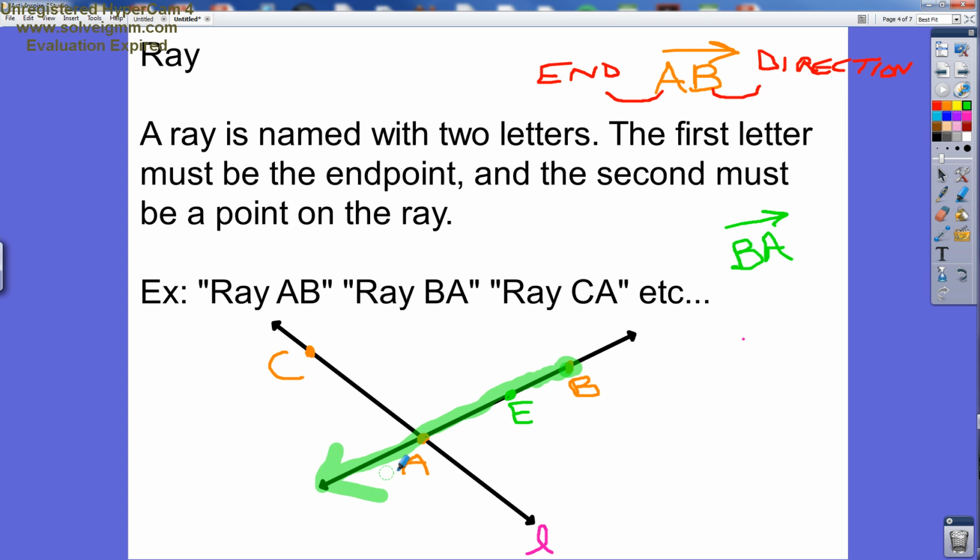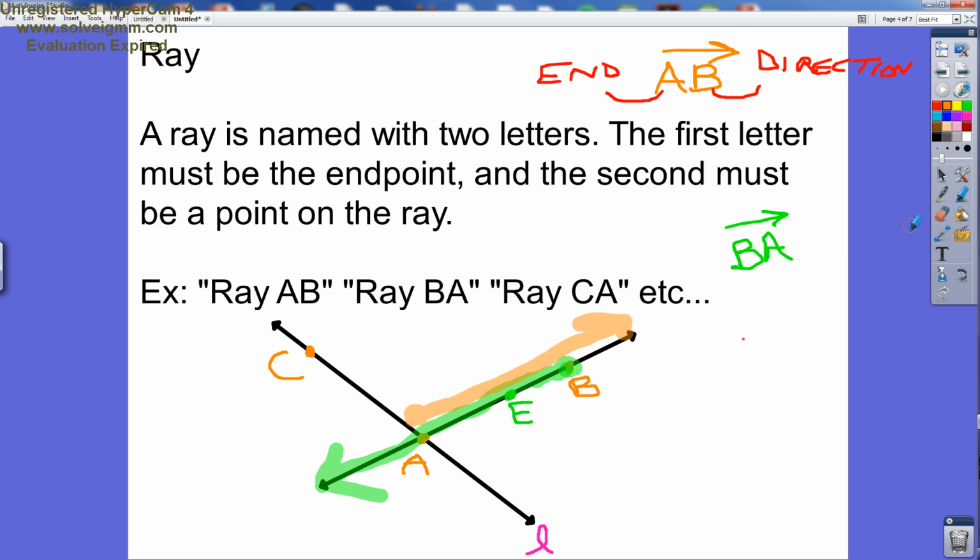So notice that when we did AB, it started out over here and went that way because it started at A and went towards B. But with ray BA, it goes the other way. It started out at B and goes towards A.